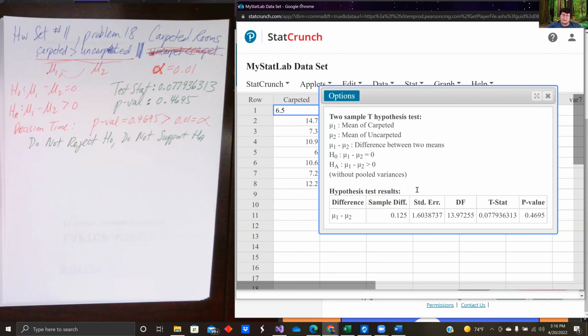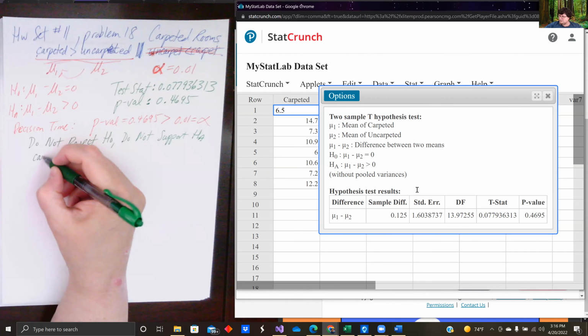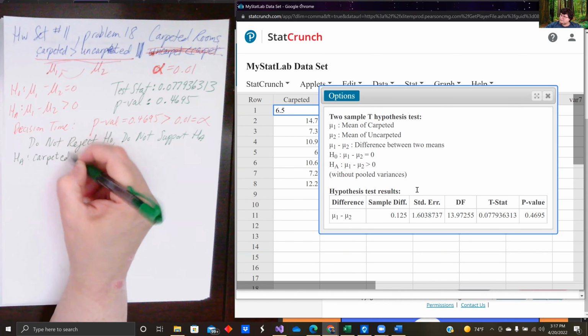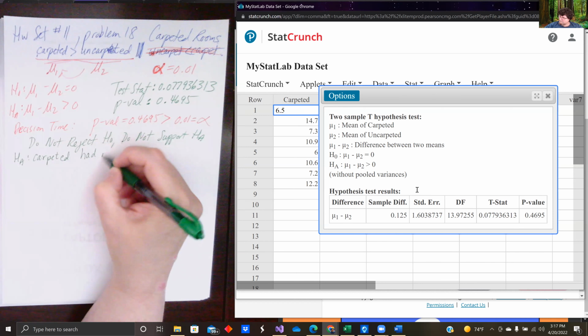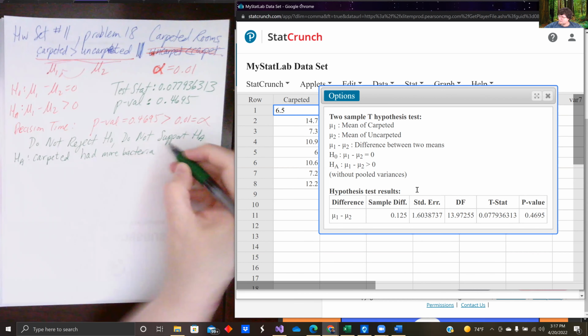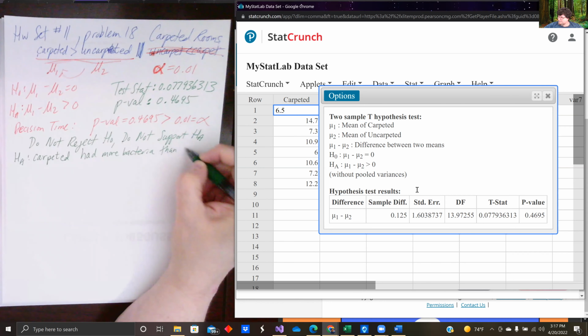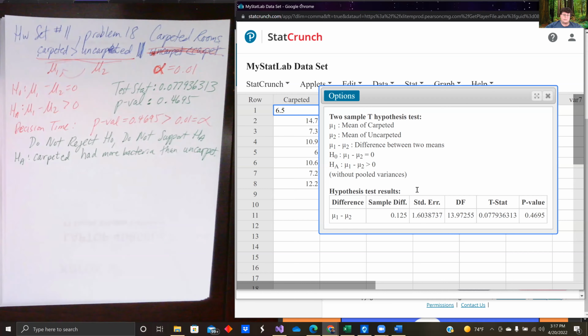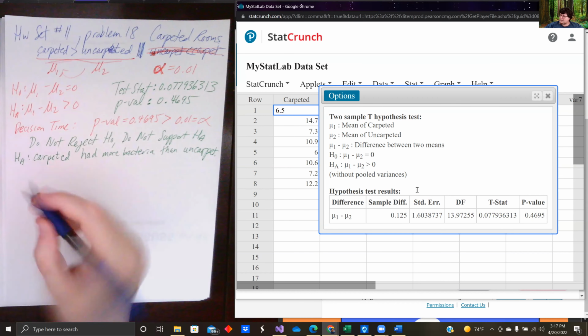HA here was that carpeted rooms had more bacteria than uncarpeted. So that's what we'll make our claim about. Our statement.